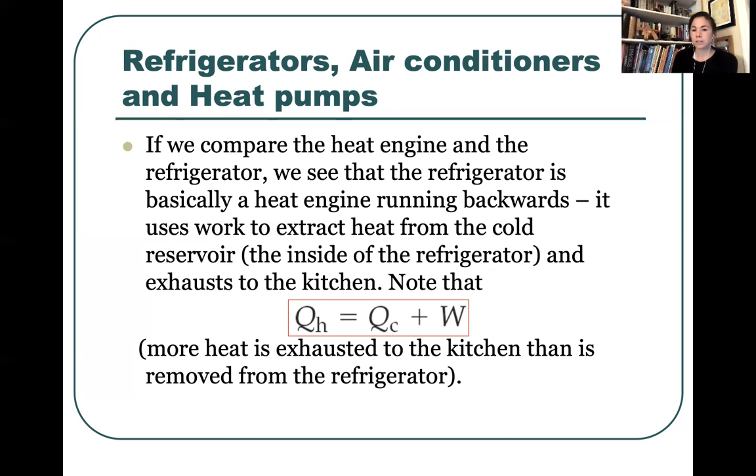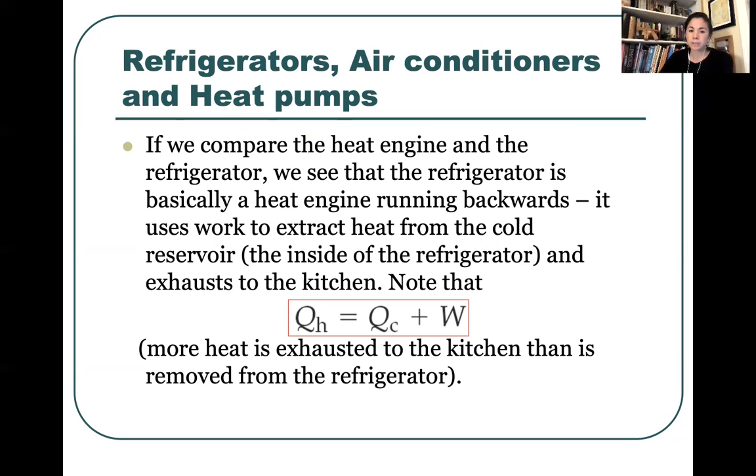So you can see that our equation that relates Q hot and Q cold in the work is going to look different. So the heat that is exhausted to the kitchen is going to be more than the heat that's removed from the refrigerator.